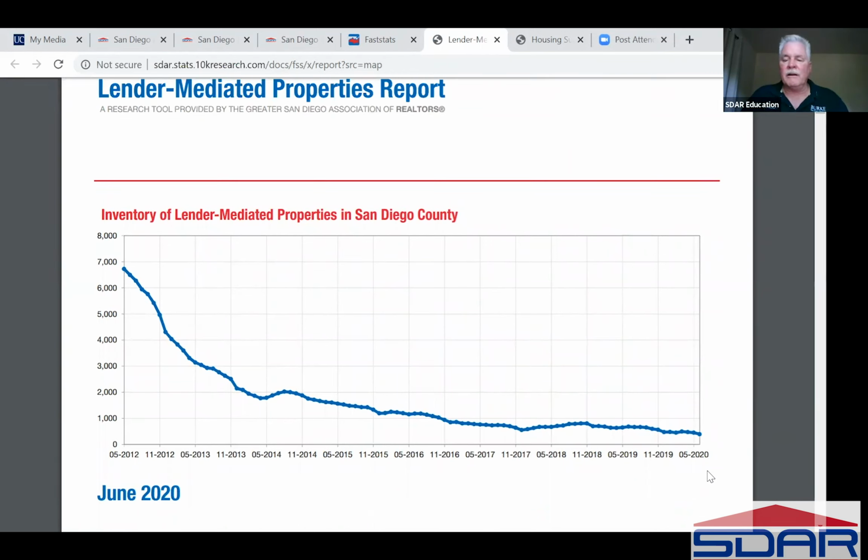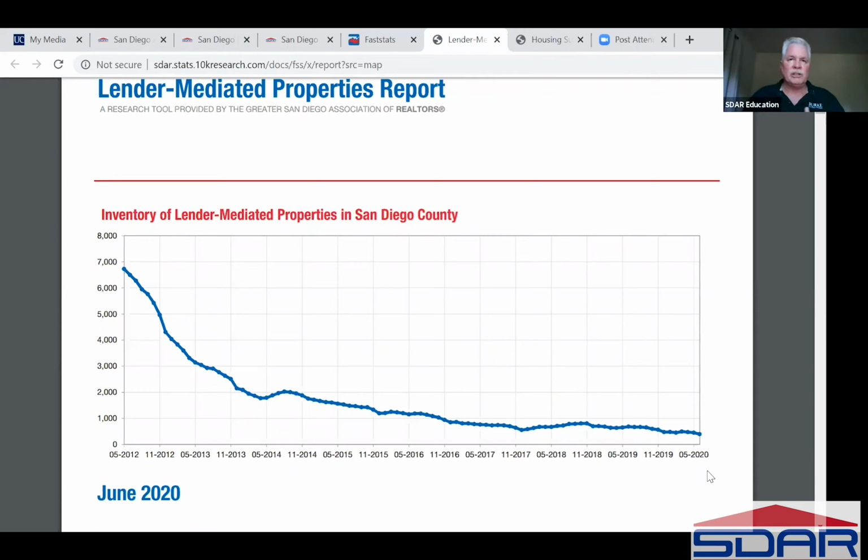And you have to remember, right now they're not allowed to foreclose, which is kind of putting it back on the lender. They've got to hold on to their inventory at this point in time when they'd really like to get rid of it. At the same time, there are certain people that are just living without making payments.